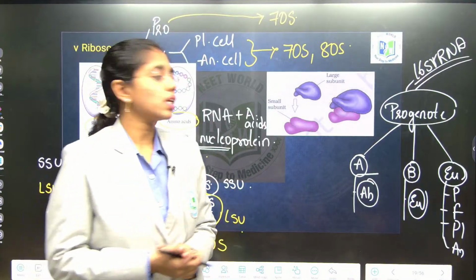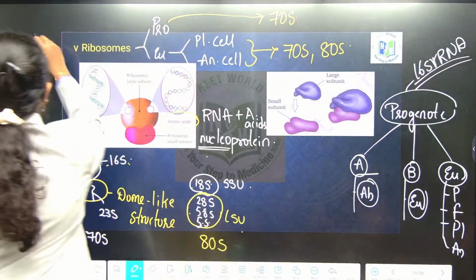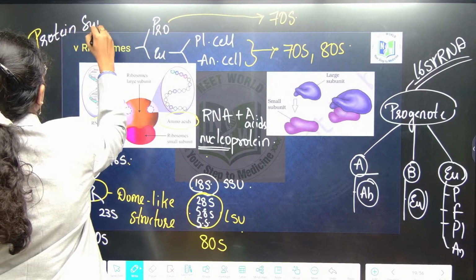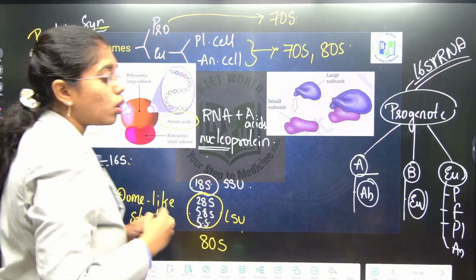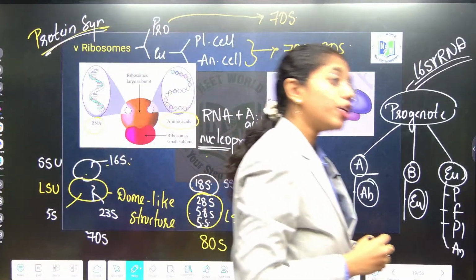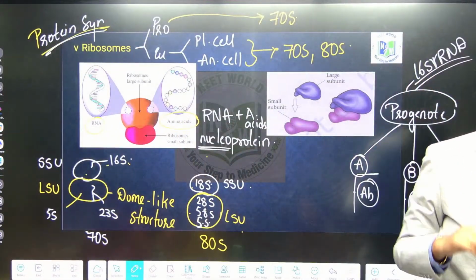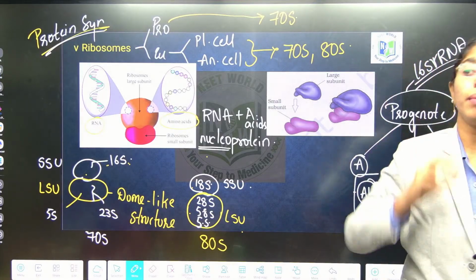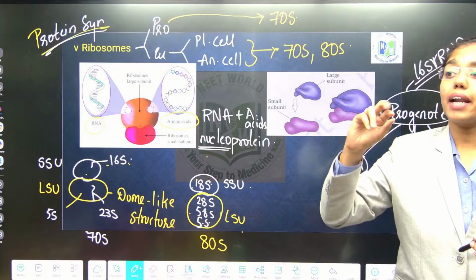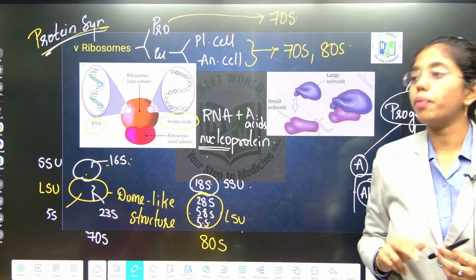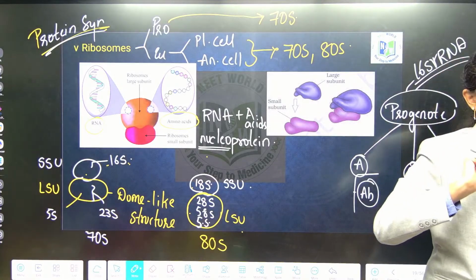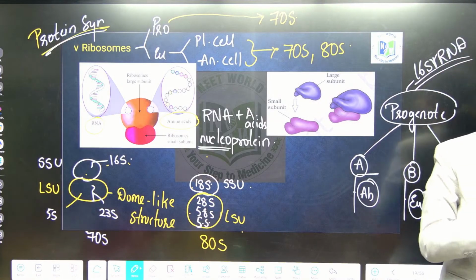Ribosomes in the cytoplasm of a prokaryotic cell are involved in protein synthesis. Those attached to the plasma membrane of a prokaryotic cell are involved in translocation of proteins. Clear, right? So you are clear with the prokaryotic cell ribosomes.